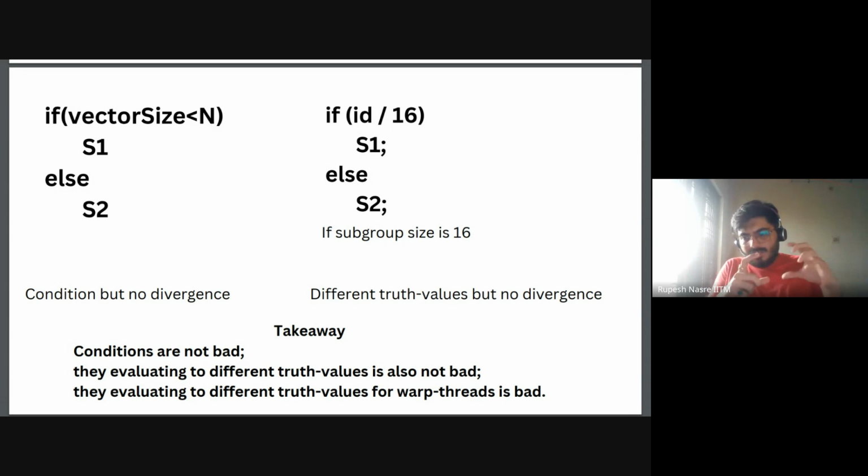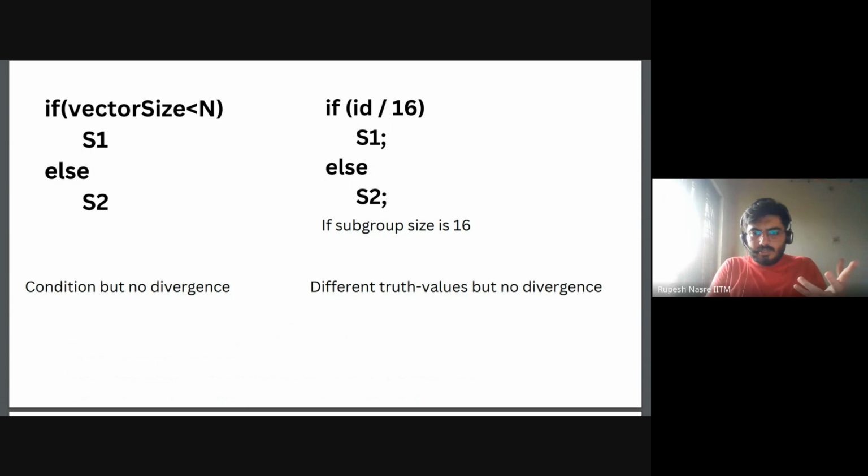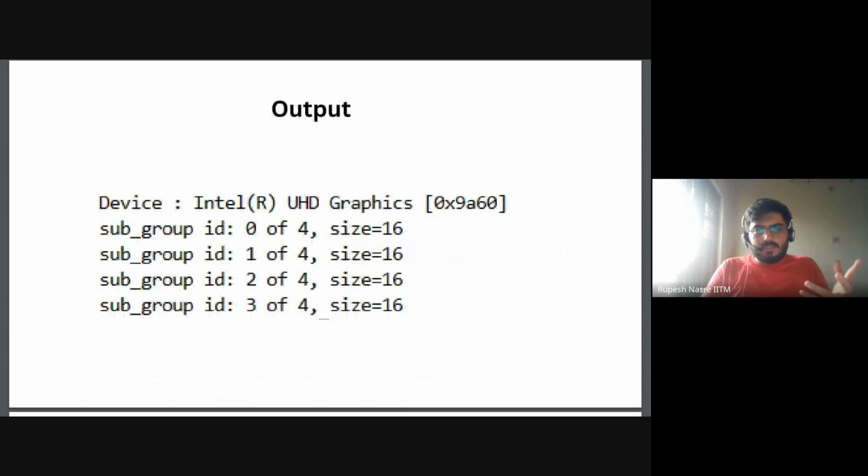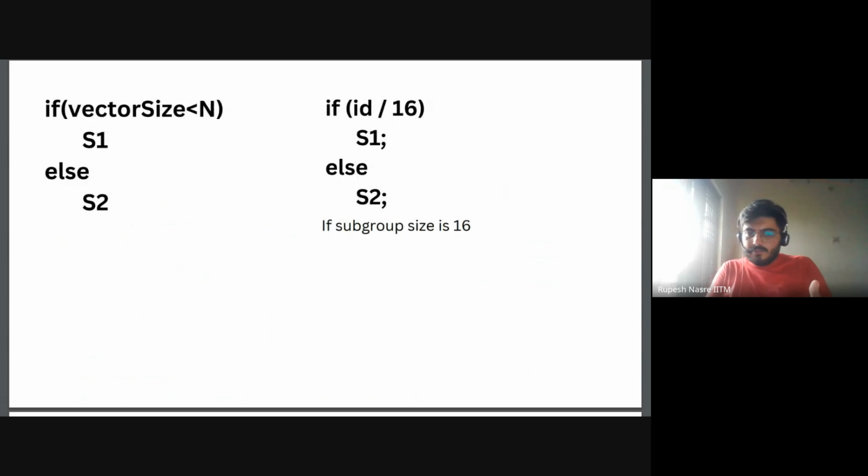If you create a condition where each work item in the subgroup wants to execute a different instruction, you can measure the time when all 16 execute the same instruction versus when all 16 execute different instructions. Then you can see how thread divergence is affecting you.